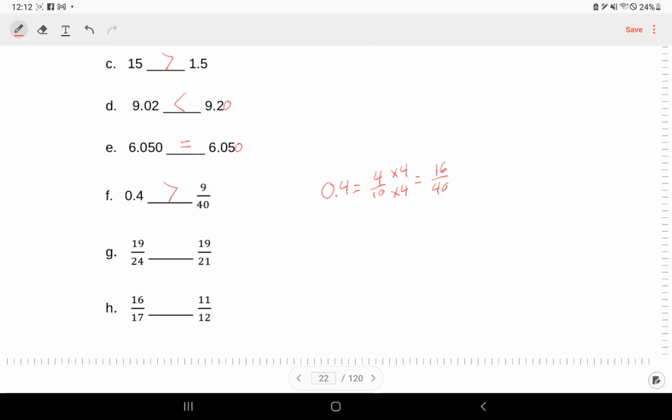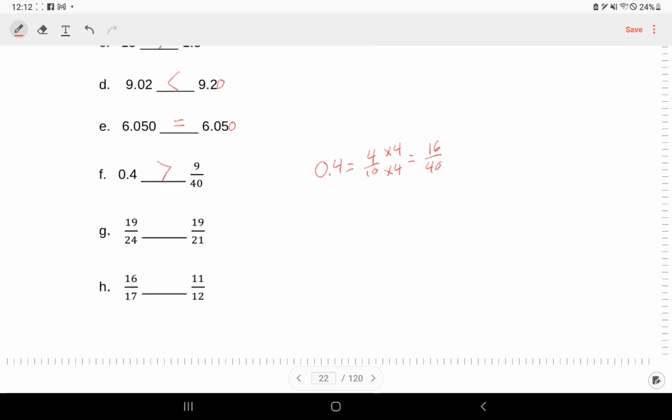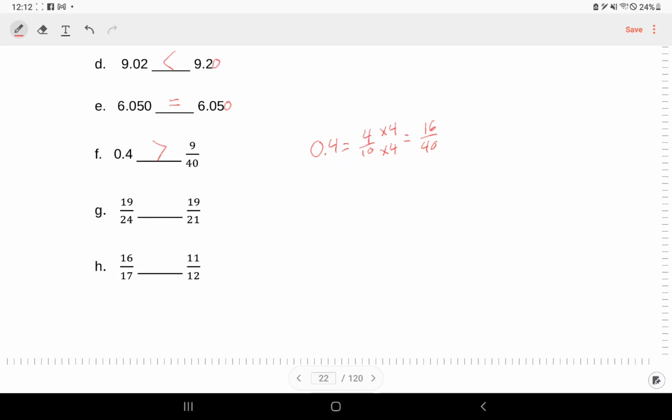And now for G. Now this one's a little more complicated because they don't have common denominators. So in order to make that happen, 19 over 24, I multiply by 21.